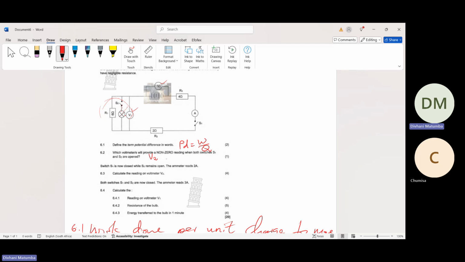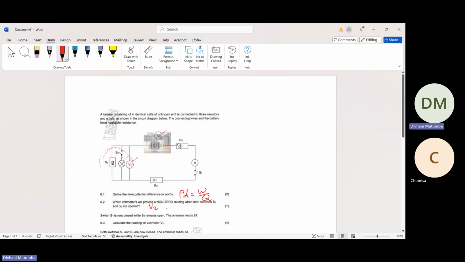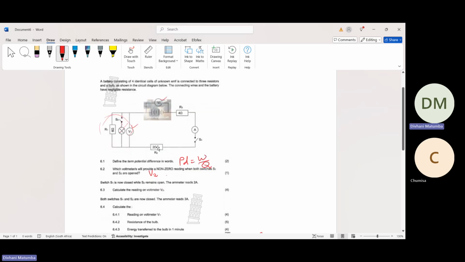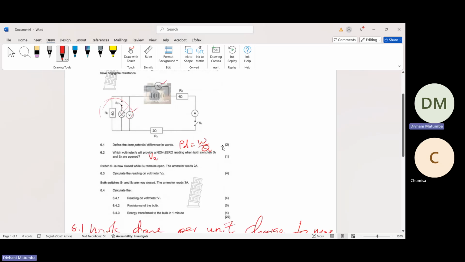Do you agree? Yes, sir. Now, unfortunately, the resistance across it is unknown. So now how do we calculate the reading of V1?